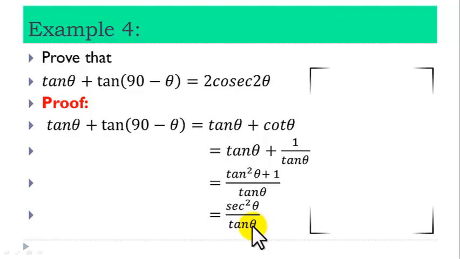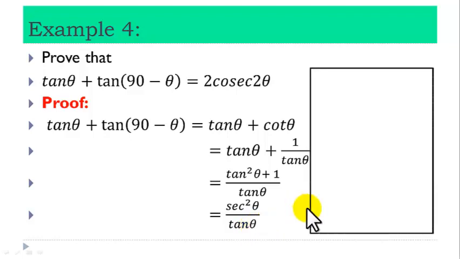That is equal to 1 all over cos squared theta, since sec squared theta is 1 all over cos squared theta, then times 1 all over tan theta, which is cot theta, and cot theta is cos theta over sin theta.